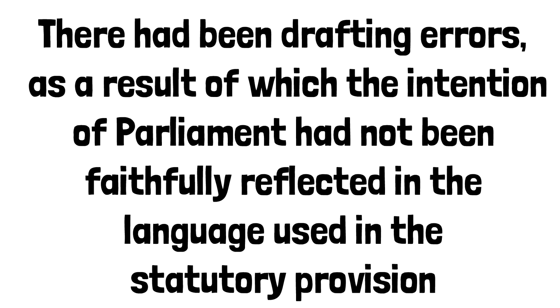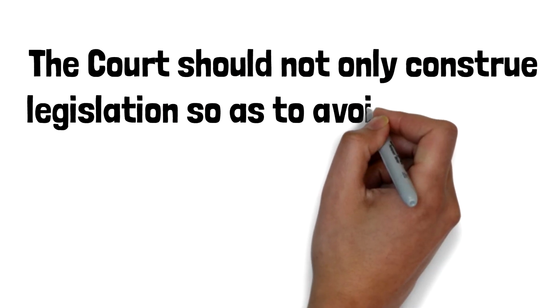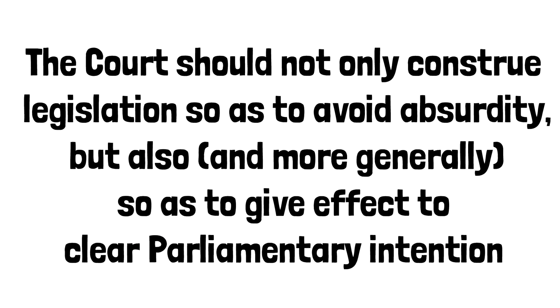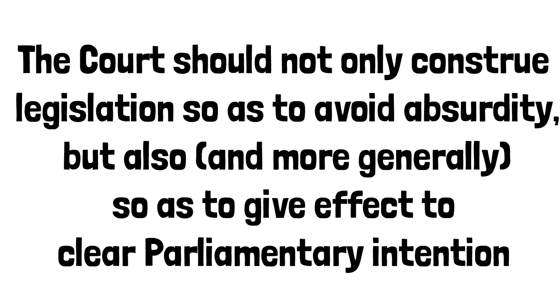If strictly read, the court was powerless to deal with the problem. In my opinion, this argument is unsound because it fails to acknowledge that the court should not only construe legislation so as to avoid absurdity, but also, and more generally, so as to give effect to clear parliamentary intention.